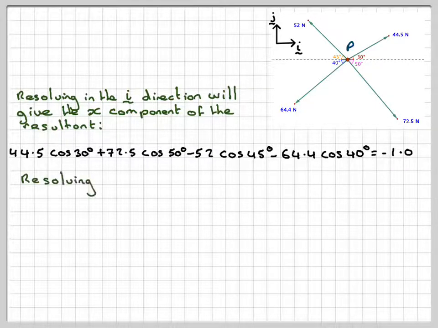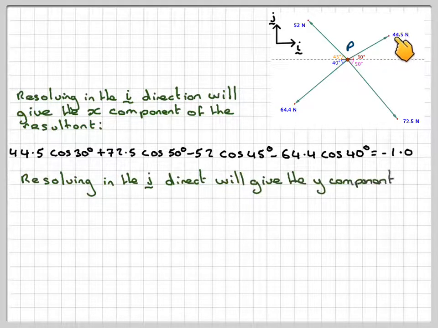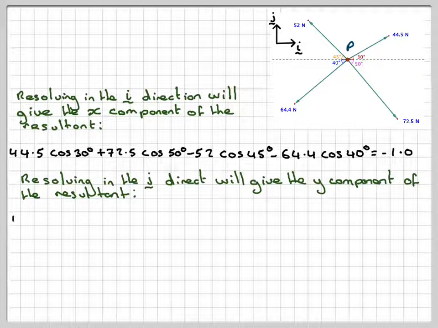And now if we resolve in the J direction, so the positive is now upwards, we're going to have 44.5, and the component will be sine of 30, plus 52 sine of 45 degrees.